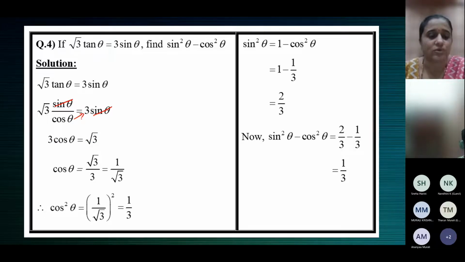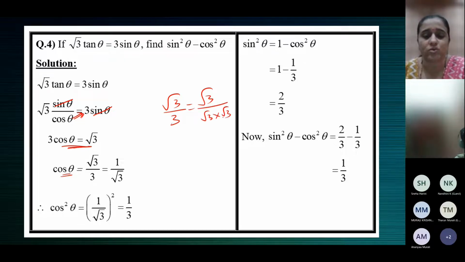When you cross multiply, you will get 3 cos theta is equal to root 3. So cos theta is equal to root 3 by 3. What is root 3 by 3? 3 is root 3 into root 3, so root 3 and root 3 will get cancelled. So it's 1 by root 3.